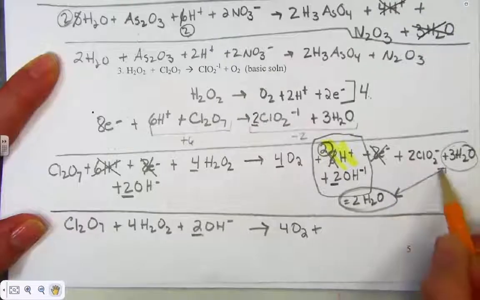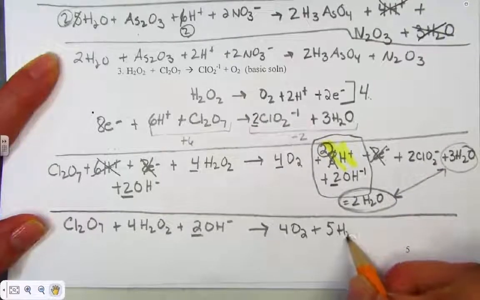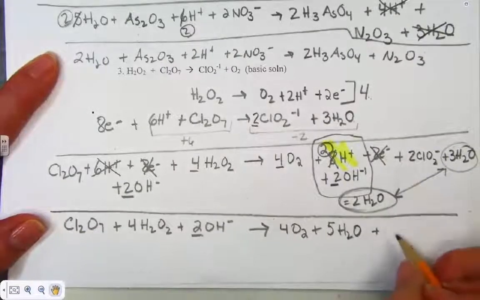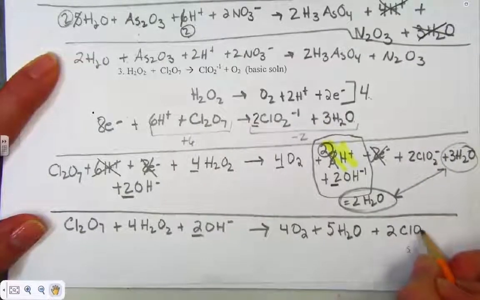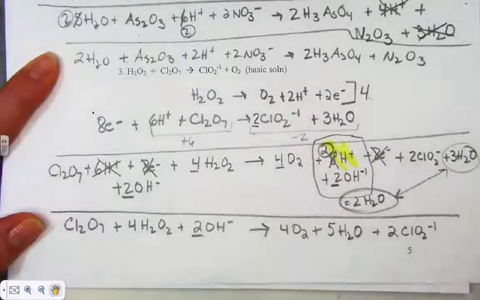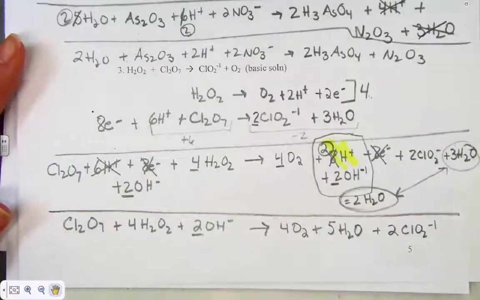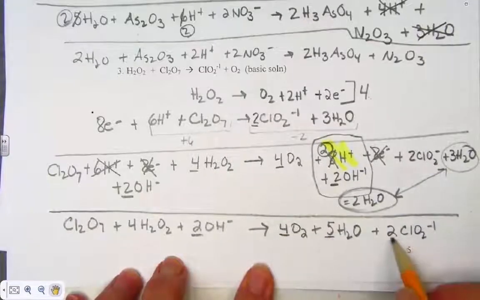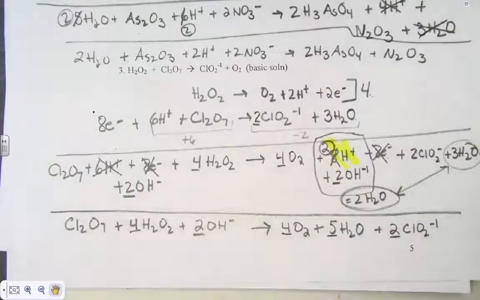Let's combine the total number, 2 plus 3. There's a total of 5 waters. And 2 units of ClO2 negative, the chlorite polyatomic ion. And there is our balanced equation in a basic solution.